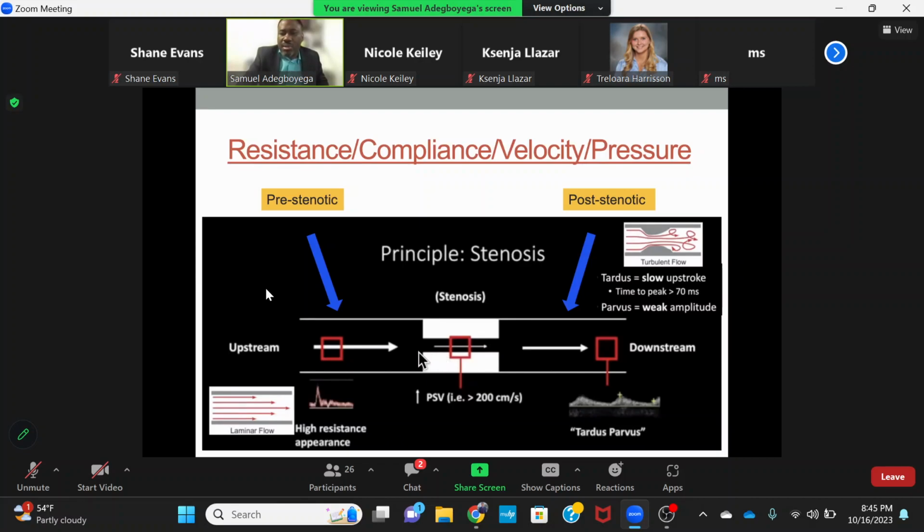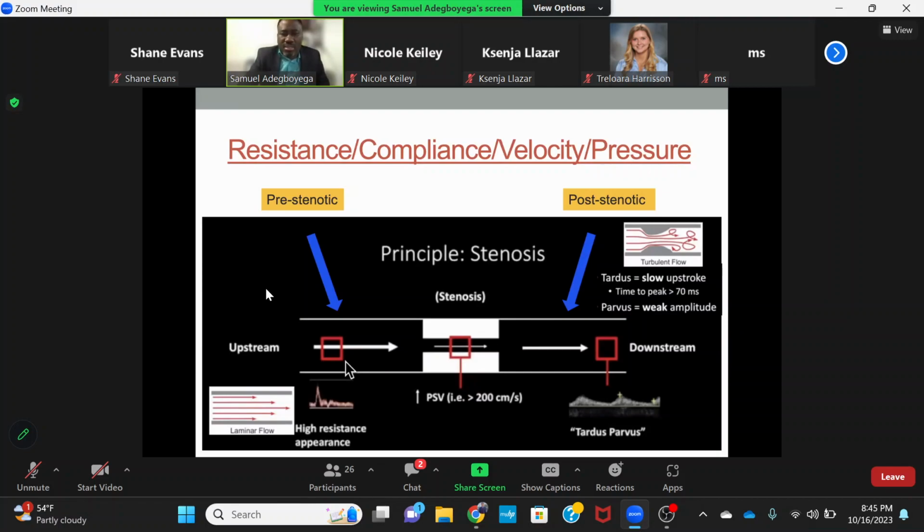The reason is that you have turbulent flow into the stenotic area, causing increased velocity, and as it comes out, it takes so long to come out that you have a drop. So basically you have low amplitude, a slow upstroke, and a low velocity. They're going to ask you this question.